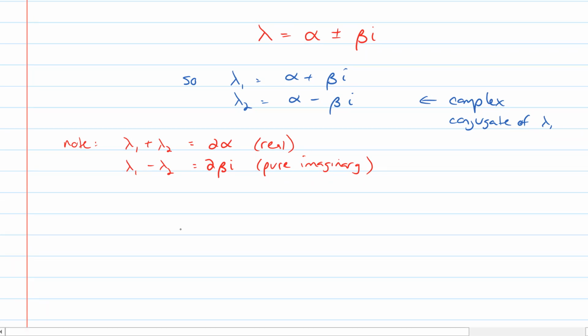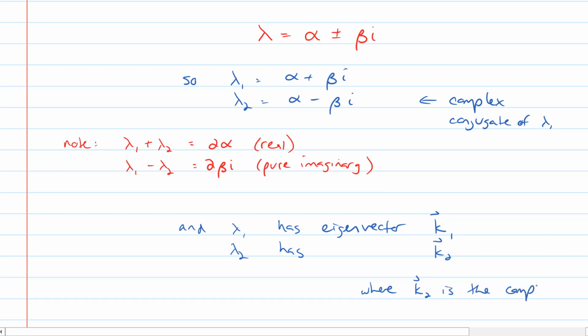And let's say that lambda 1 has eigenvector k1, and lambda 2 has eigenvector k2, where, again, these are conjugates of each other, and we're just going to write that k2 is the complex conjugate of vector k1.